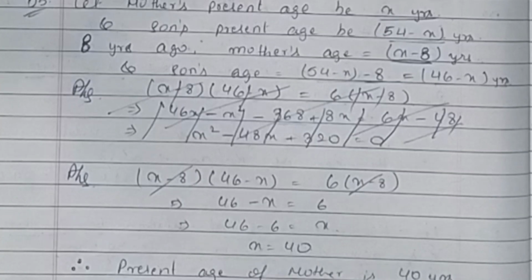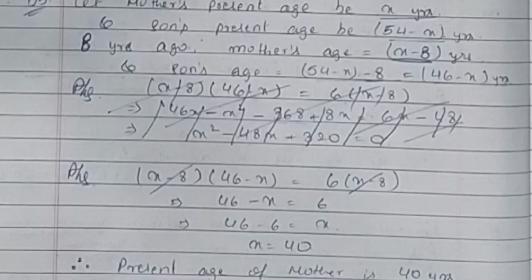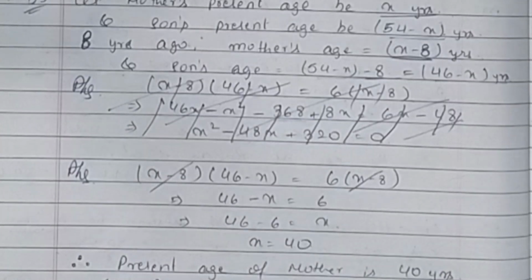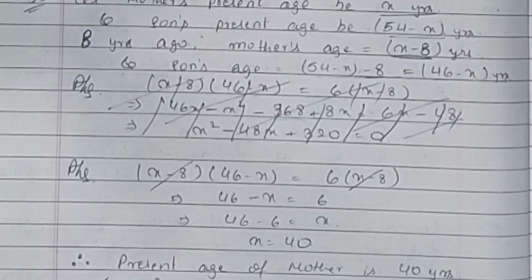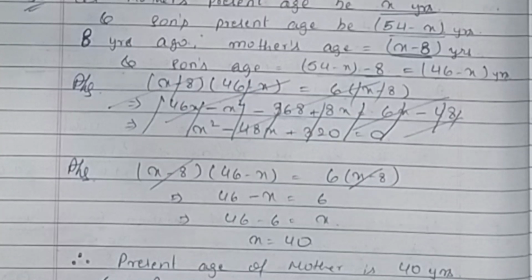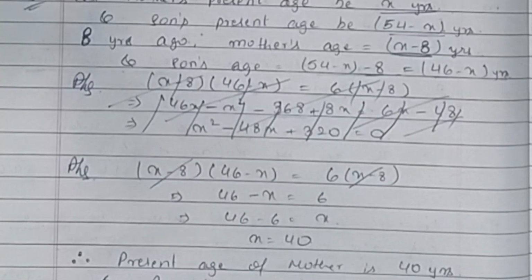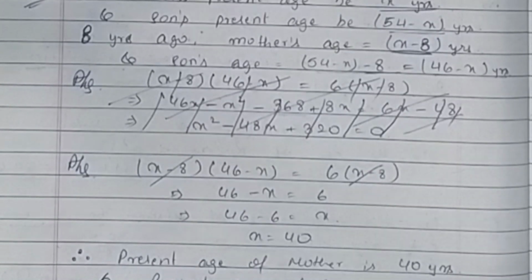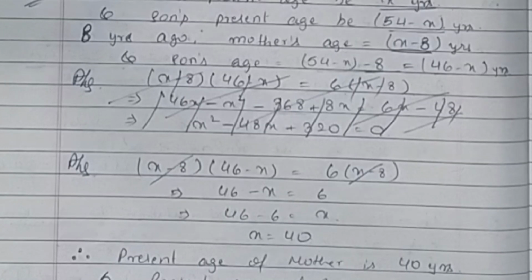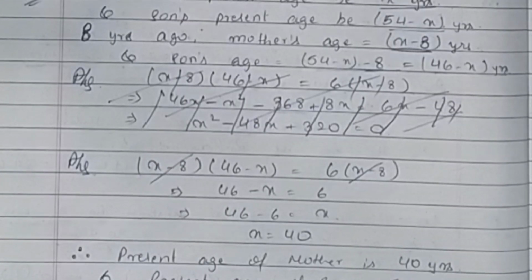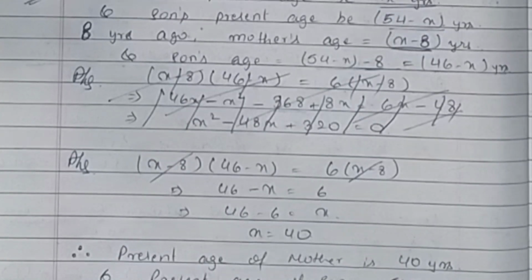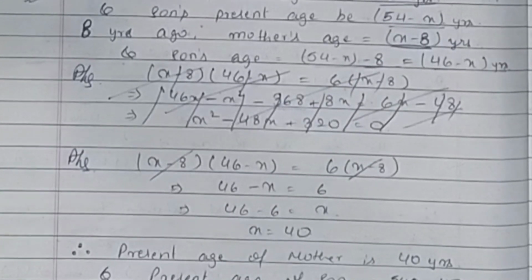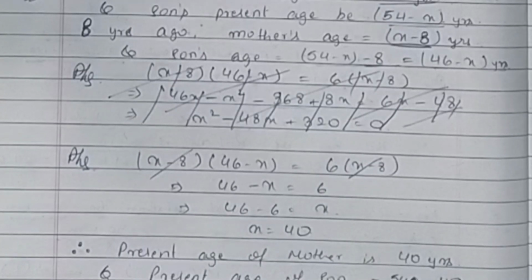Now the question is basically saying that 8 years ago, the product of their ages was 6 times the mother's age at that time. So basically, 8 years ago, the product of the ages of mother and son is equal to 6 times the age of mother 8 years ago.